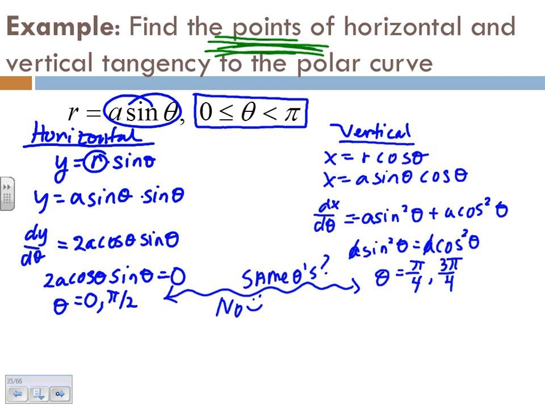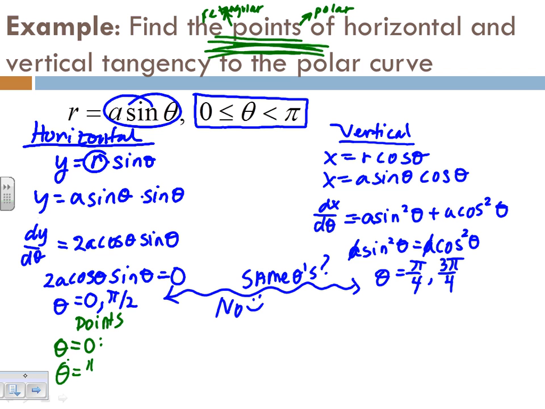Did it say rectangular or did it say polar? So let's go ahead and find polar, just in case I ask you either way, you will know how. Okay? So let's find the points now. Alright, let's go find the rectangular points first.